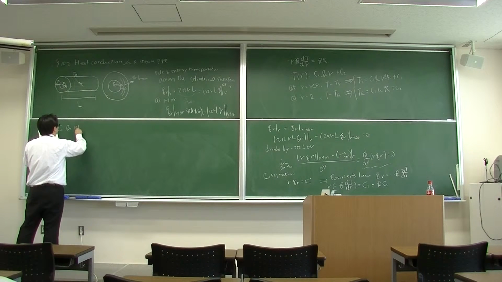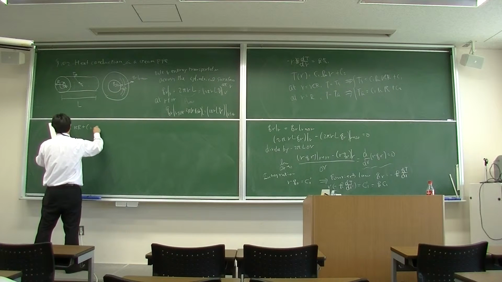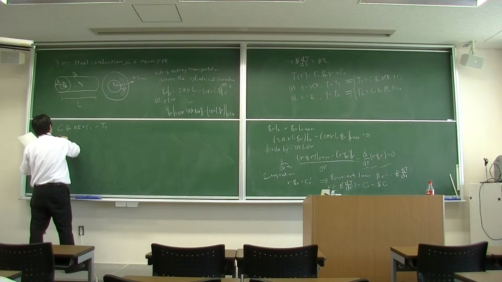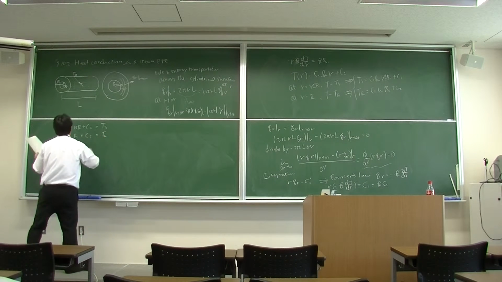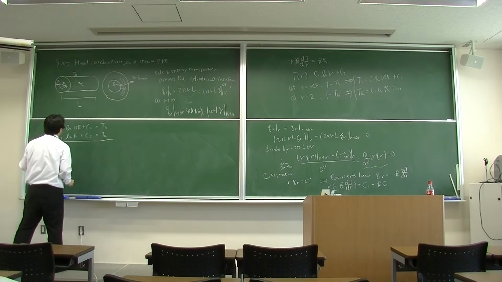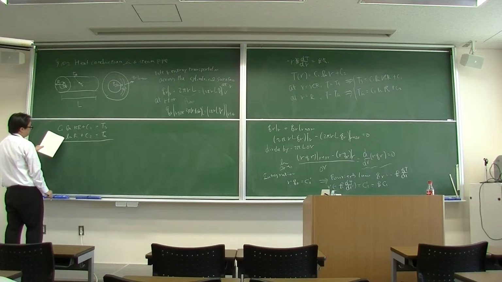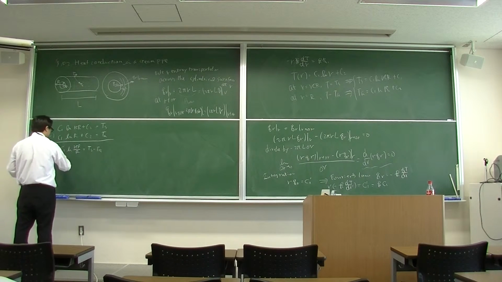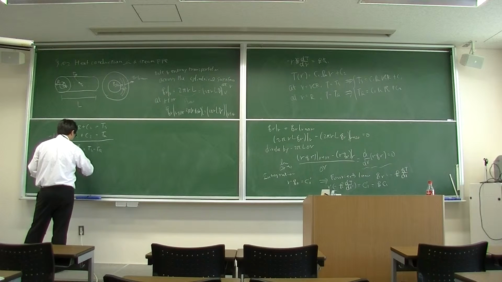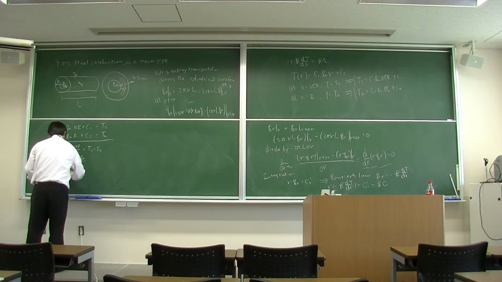Just rewriting that equation. So we can subtract this equation from this equation. So C1 becomes this, and C2 becomes this.